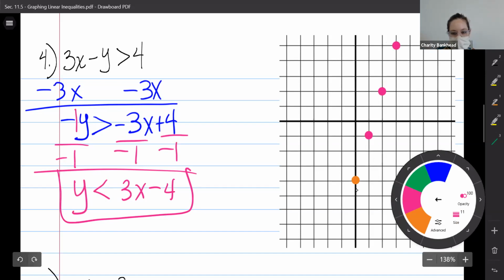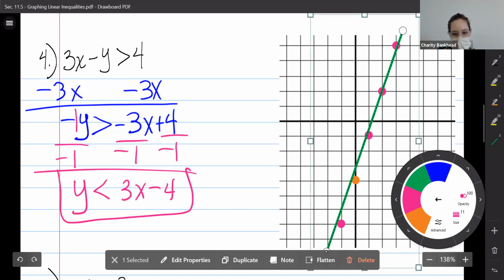And I could also go down 3 and to the left 1. And this needs to be a dashed line.